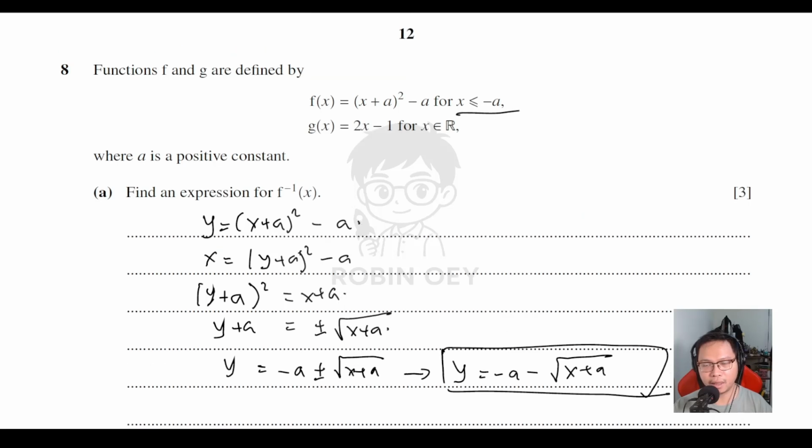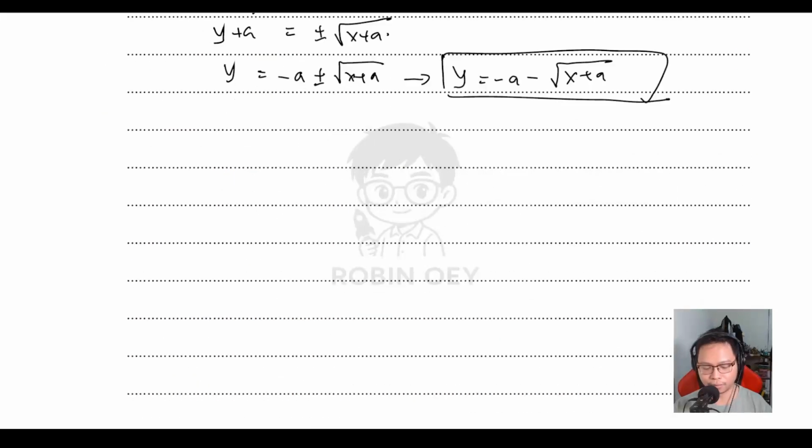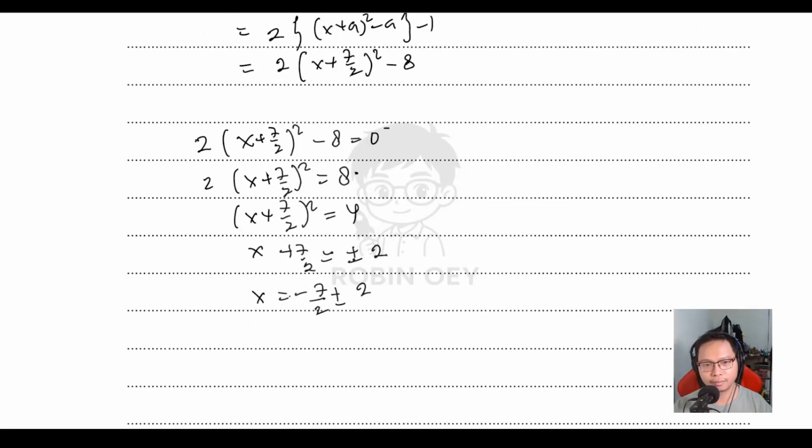The x must be less than or equal to negative 7 over 2, so x equals negative 7 over 2 minus 2. That is negative 11 over 2. Okay, so that is 8C.